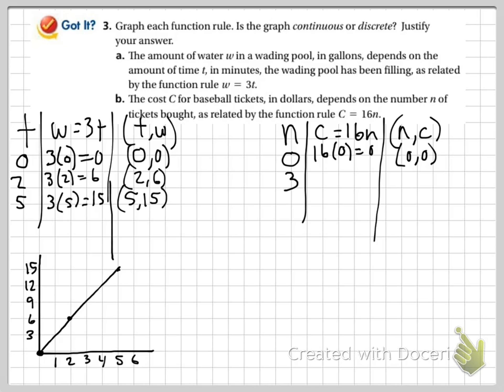We'll buy 3. 16 times 3 is 48. So this is the point 3, 48. And let's plug in 5. 16 times 5 is 80. So 5, 80.